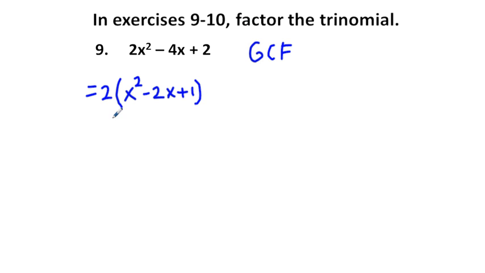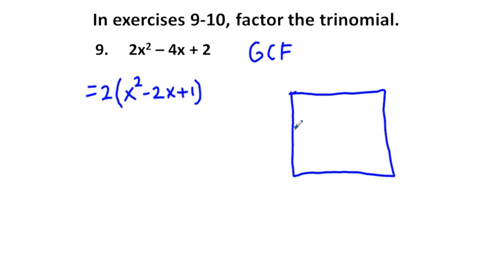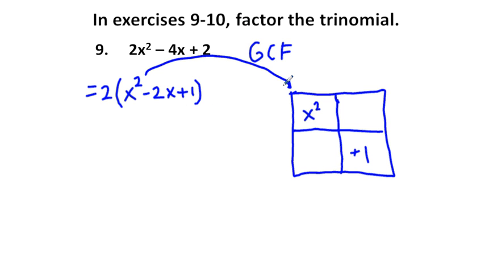And so basically, we're going to need to factor this guy out here. And to do that, there are a lot of methods. I like using the box method. Kind of as a warm-up, you go ahead and put the first term, in this case x squared, in the upper left cell of the box, and the last term in the lower right.